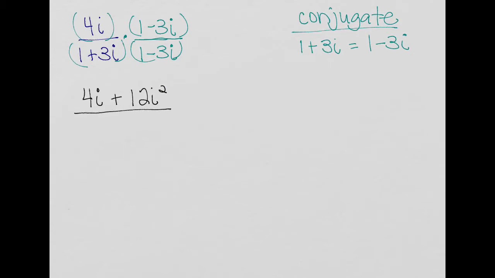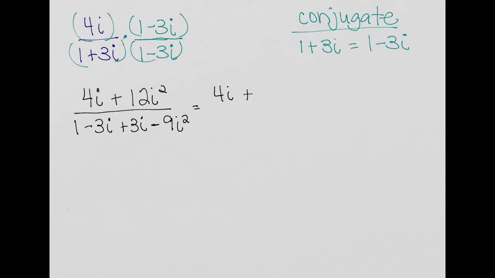And then in the denominator, I'm FOILing here, so 1 times 1 is 1, 1 minus 3i, 1 plus 3i, and then positive 3i times negative 3i is a negative 9i squared. So now, in the numerator, I'm going to replace this i squared with negative 1.